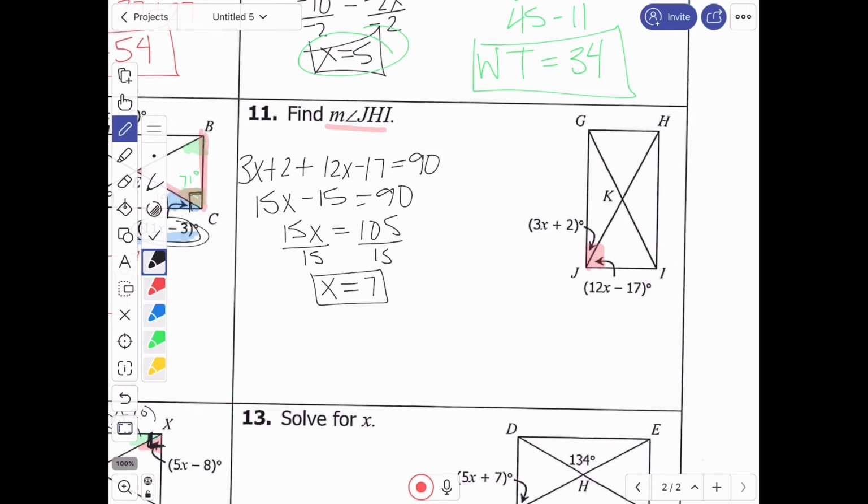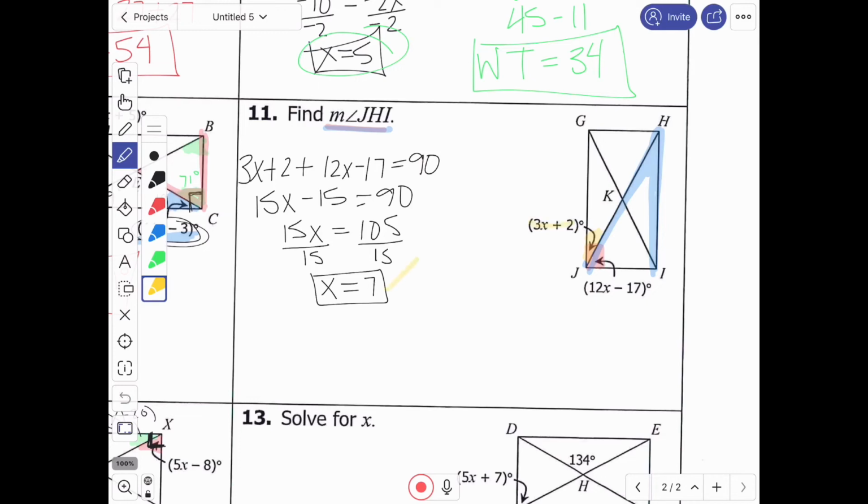Okay, so now I've got to think about what am I actually finding. So angle JHI. That would be this angle in blue. Okay, that angle in blue just so happens to be congruent to this angle that I'm making yellow because of alternate interior angles. So I already know what that angle in yellow is. It's that 3x plus 2.